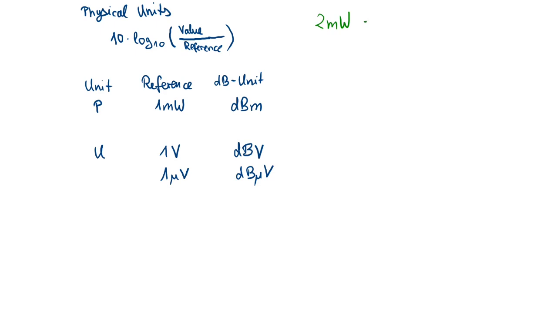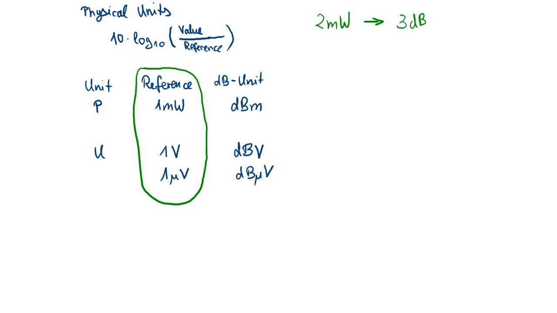What is it in logarithmic scale? So we need a reference, and now let's choose 1 milliwatt, and you know that our reference is 1 milliwatt multiplied by 2 yields 2 milliwatts.